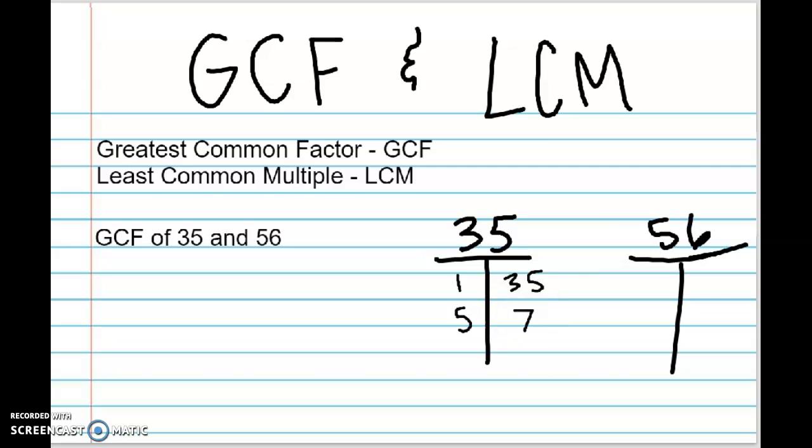What else we got? 2 doesn't go in because it's not even. 3 doesn't go in. 4 doesn't go in. 5 does. 6 does not. 7 does. 8 does not. 9 does not. 10 does not. 11, no, because 11 goes into 33. 12, no, because it goes into 36. 13, no. 14, no. 15, okay.